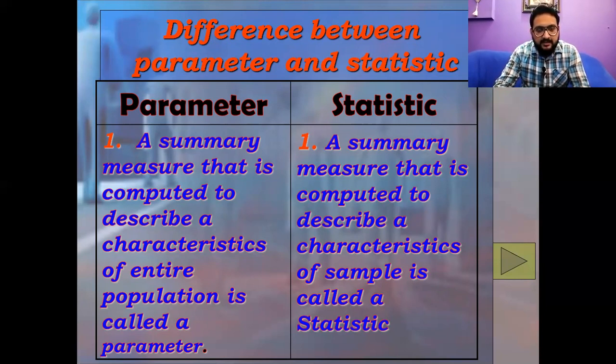Any calculated value which comes from the population is called a parameter, and any calculated value which comes from a sample is called a statistic. That is enough definition of parameter and statistic. Okay, this is the first point.